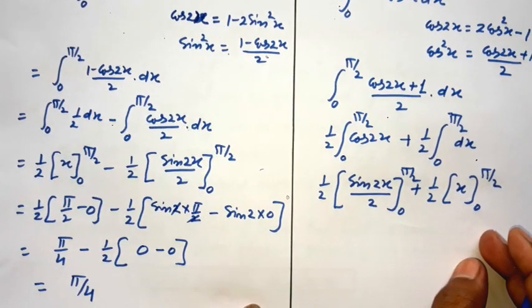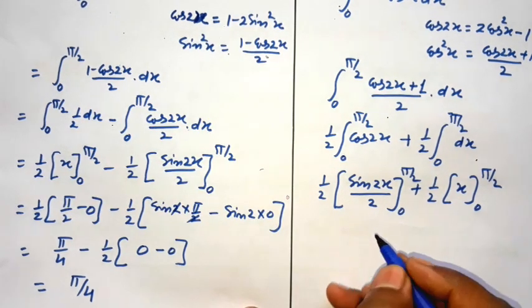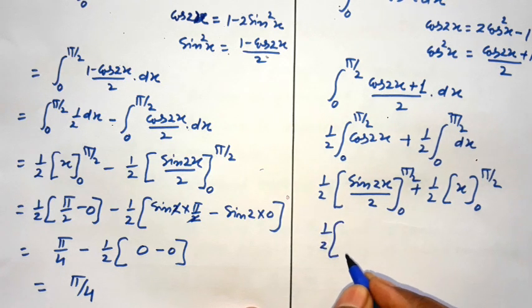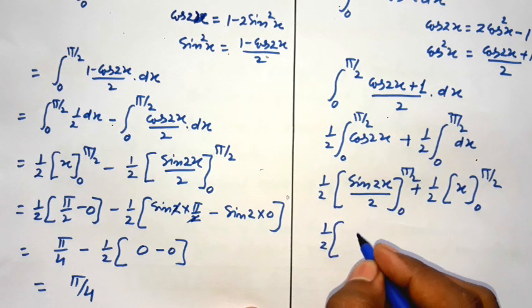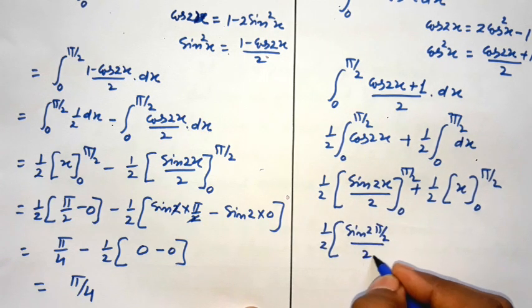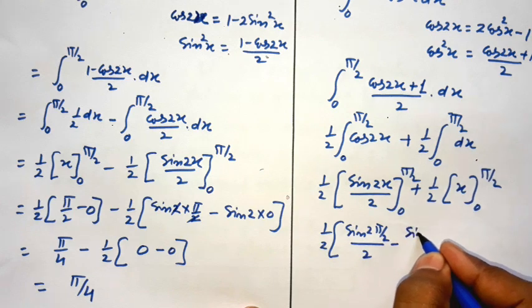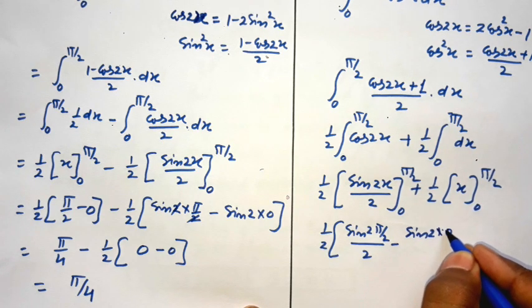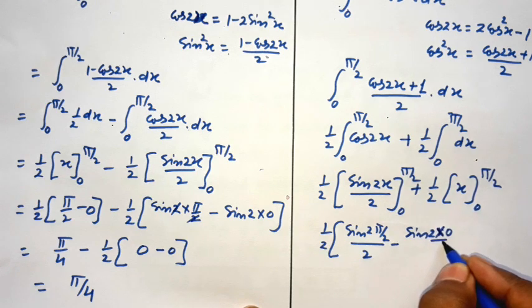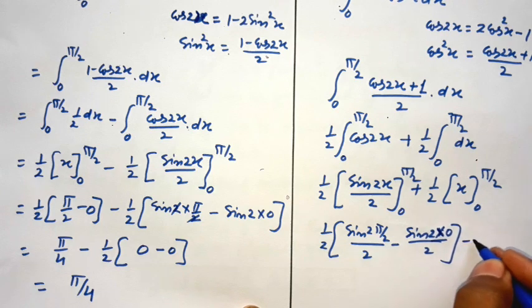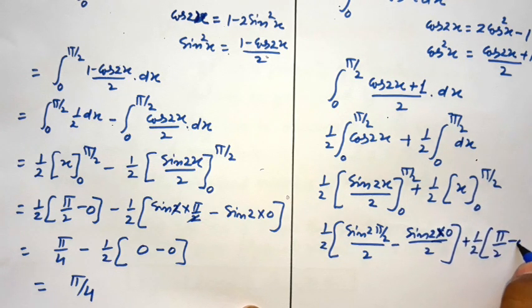Then we will apply the limit, that is 1 by 2 and sin 2 pi by 2 whole upon 2 minus sin 2 into 0 upon 2, plus 1 by 2 into pi by 2 minus 0.